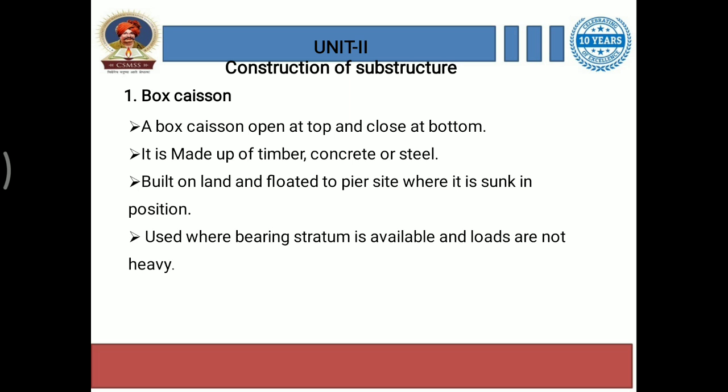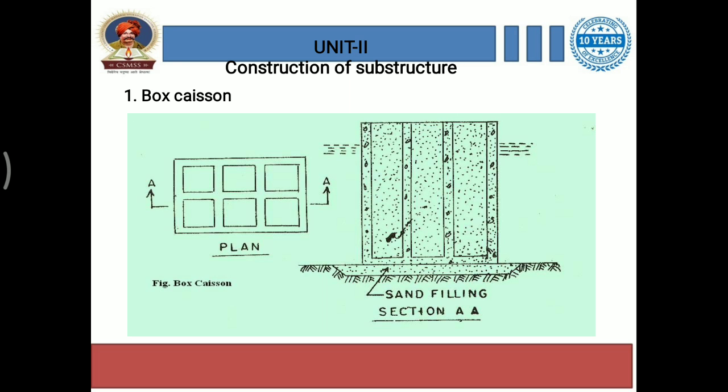Okay, you can see the first diagram, box caisson. These are the diagrams of box caisson. First one is showing the plan of box caisson, and second one shows the section, and this particular type of box caisson is made up of concrete, as you can clearly see from the section diagram.